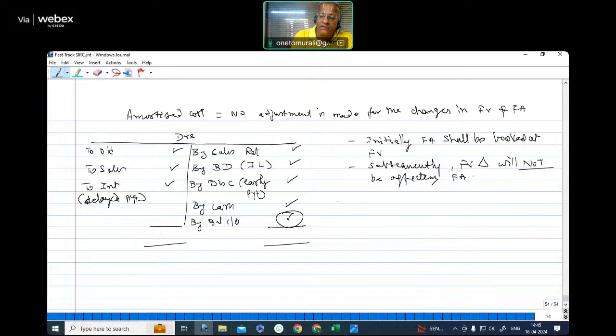Whereas for fair value through OCI and fair value through P&L account, changes in fair value shall be captured. Is that clear? So this is what we are expected to do for financial assets.